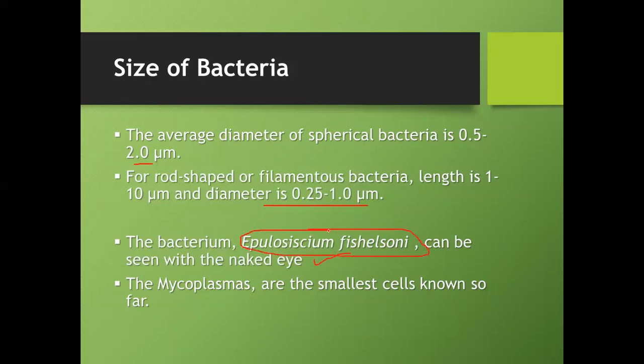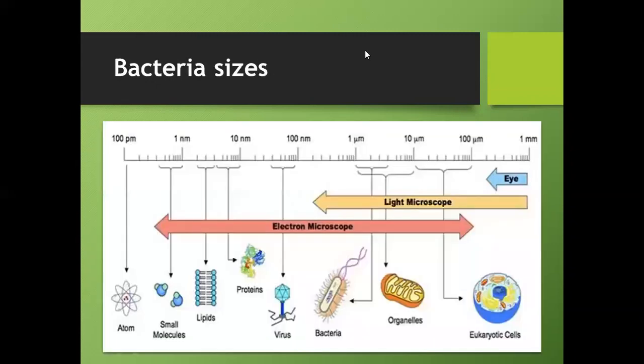That shows it's a very, very big bacteria, one that you can see without actually using a microscope. Then we have mycoplasmas, which are the smallest known so far. But more and more bacteria keep getting discovered, so we might have an even smaller one. This is just to show comparative size.